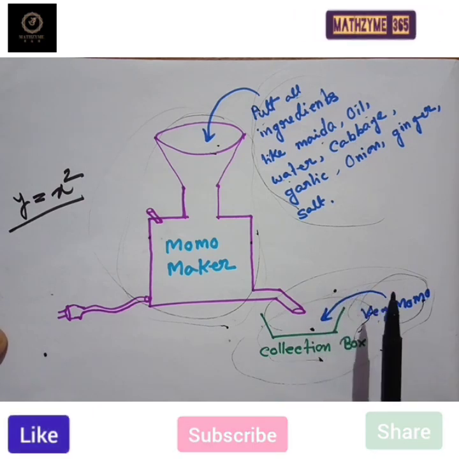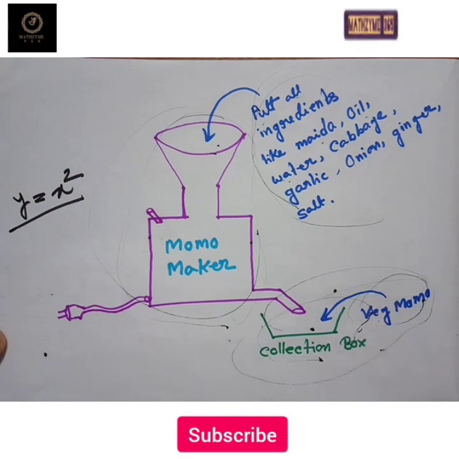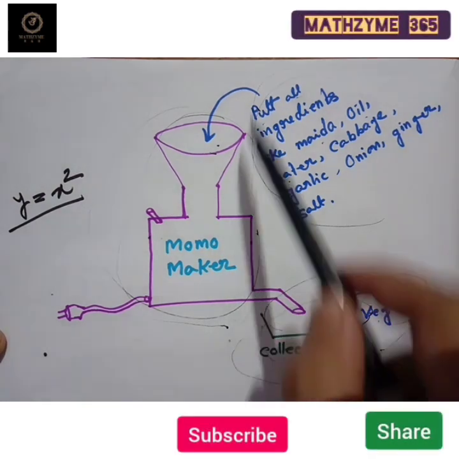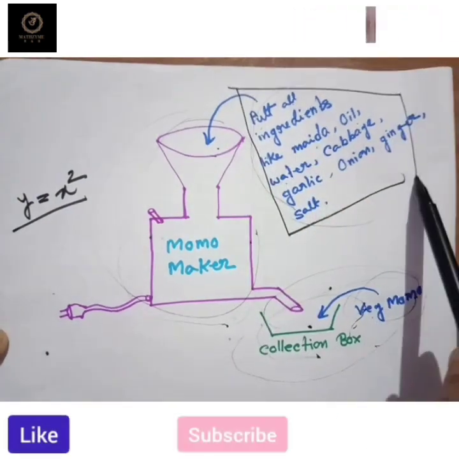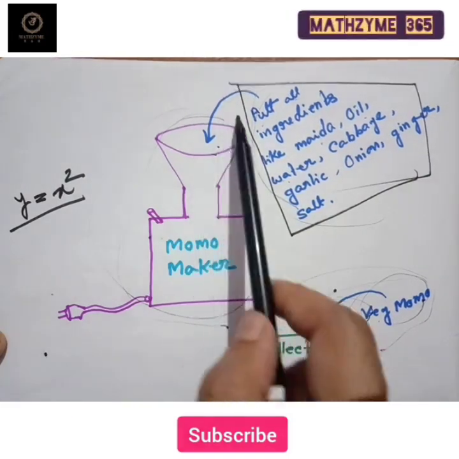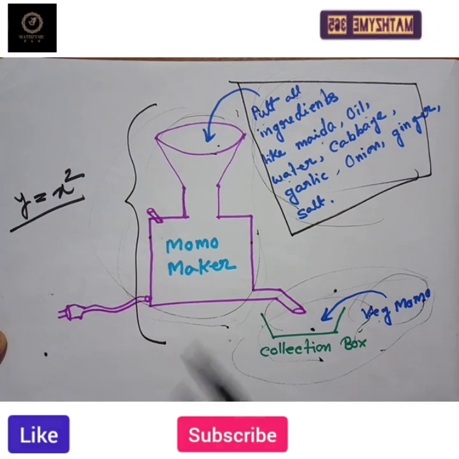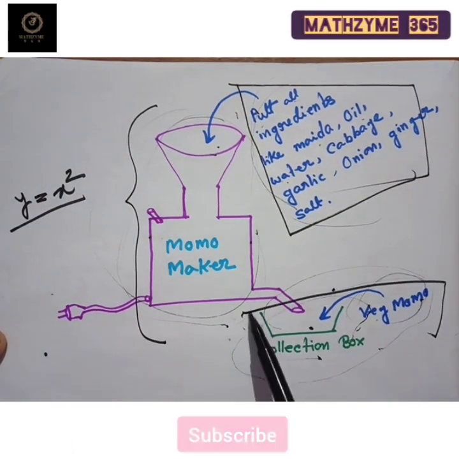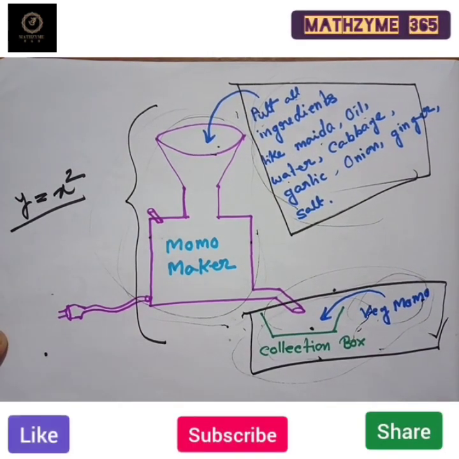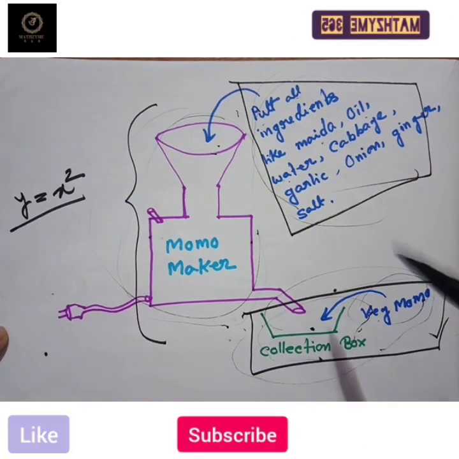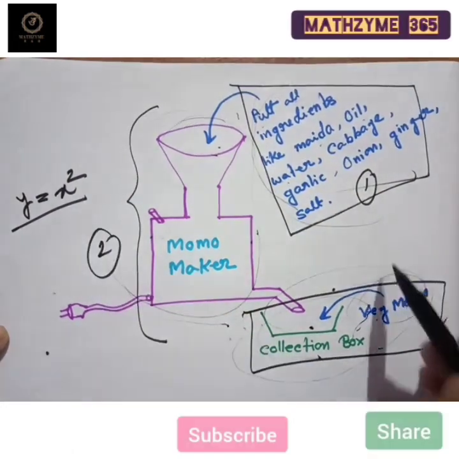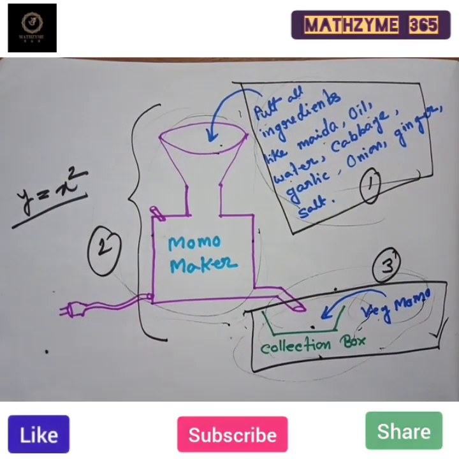Momo for your breakfast. Now see here, we have three stages. The first stage is the ingredients we put into the machine. The second stage is the machine works for momo, and we collect this momo into a box. So there are three stages: number 1, number 2, and number 3.